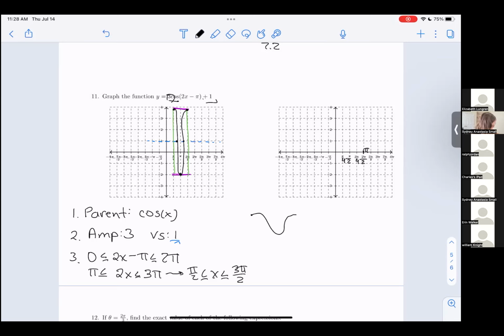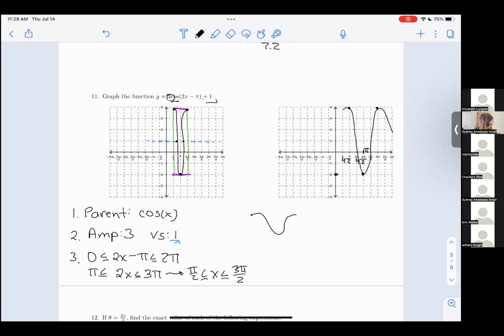So that would mean we're going from pi over 2 right here to 3 pi over 2, which would be right here. That makes it a little bit nicer, not entirely nicer, and I apologize. But we know that that's going to be the same. If we just stretch it out a bit, we're going to have a cosine wave that looks something like that.